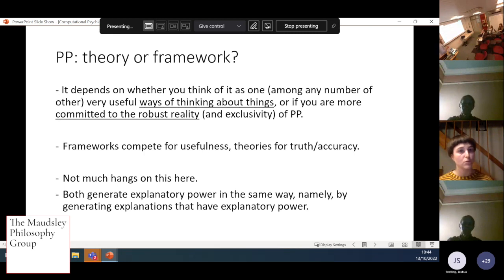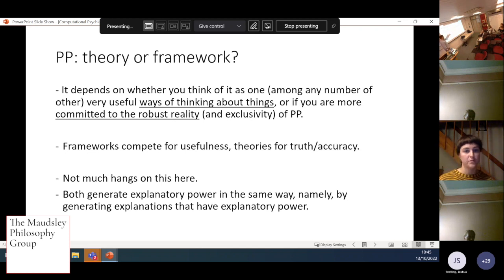So you'll notice that I refer to predictive processing as a predictive processing framework. But you might think, well, predictive processing looks more like a theory than a framework, right? Which is it? The standard way of thinking about this in philosophy of science is that it depends on whether you're an instrumentalist, effectively, and you think of it as one very useful way of thinking about things, but there are plenty of other ways of thinking about the same stuff, or whether you're more committed to the robust reality and potentially exclusivity of predictive processing.